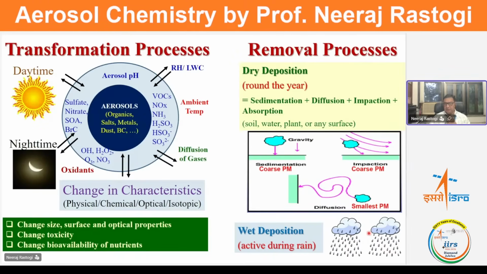When rain is happening, whatever is present below the clouds gets removed from the atmosphere because rain dissolves it and brings it back to the surface. But if something has crossed over the clouds, that means it has reached the stratosphere. Then it is not coming down, and that is why lifetime in the stratosphere is on the order of years. But if it is within the lower troposphere, below clouds, it is about a week.